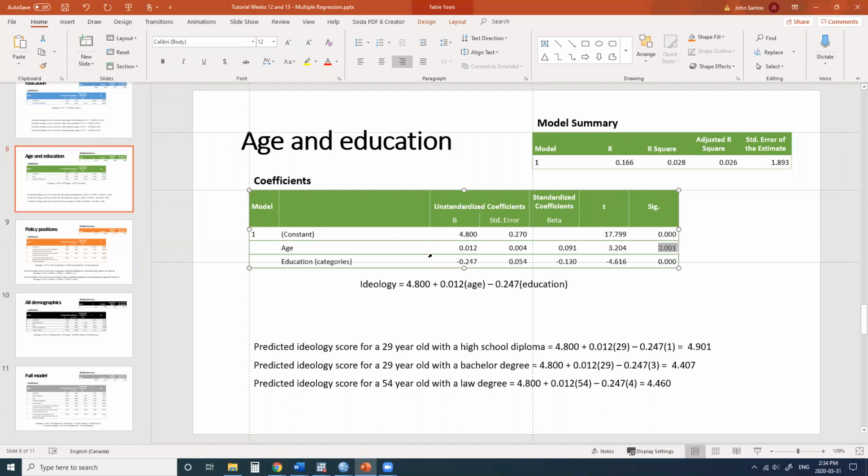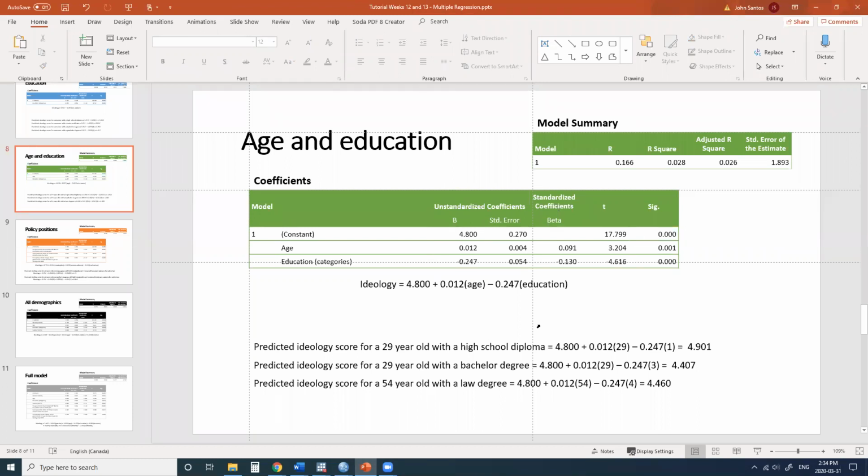Like, how much more conservative is a 45-year-old versus a 29-year-old, or a 54-year-old versus a 29-year-old? We can give substantive meaning, meaning in a material sense, to these very abstract things that we're studying by using those units, right?